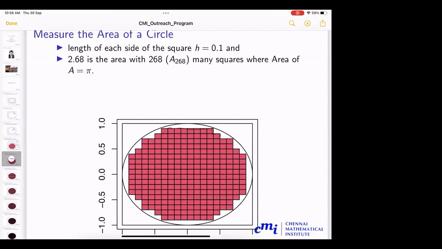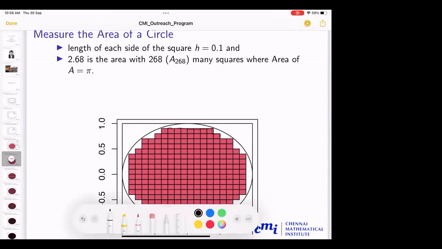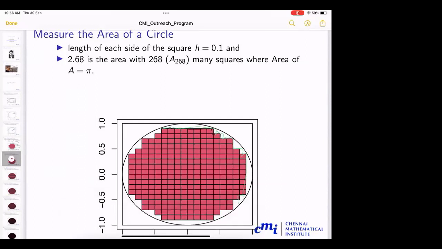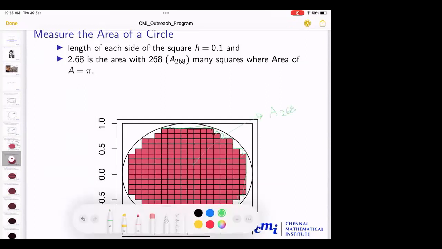This entire thing is a new geometric shape, and I'm calling it A268. Okay.